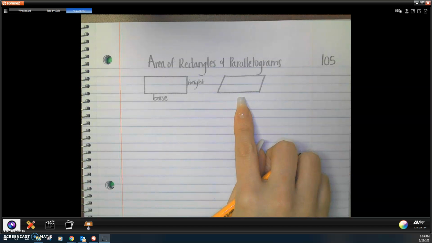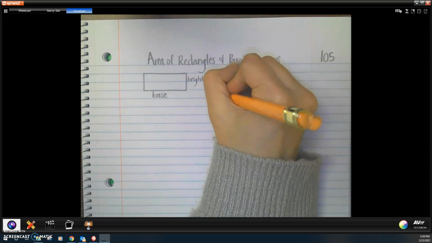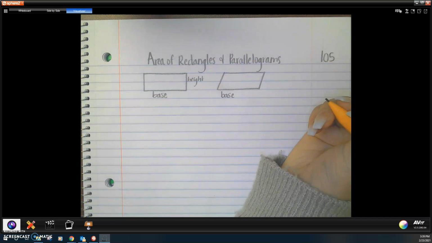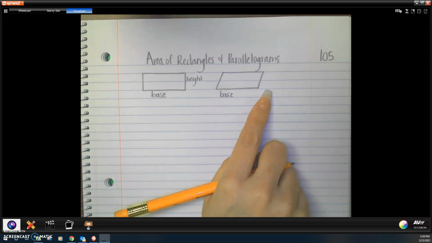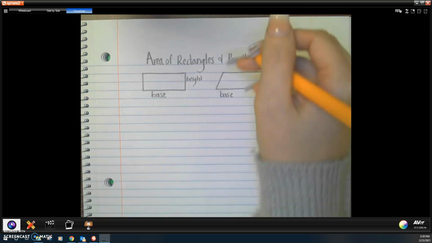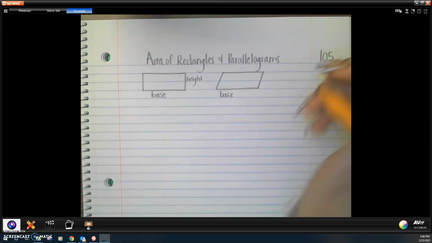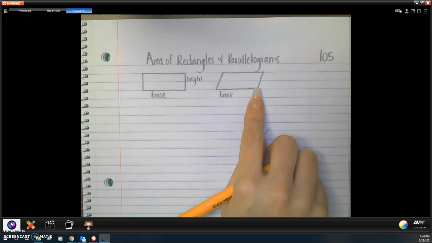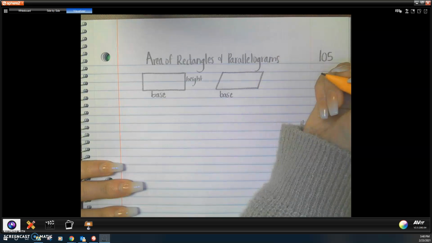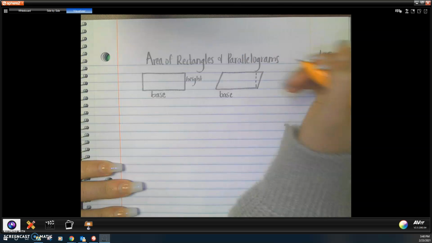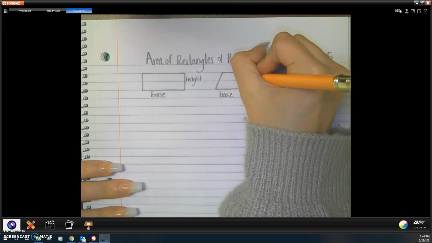Just like your height. They measure your height from the top to the bottom. Same thing with parallelogram. The base is your bottom. And now the height, if you notice the sides of these parallelograms, they're a bit slanted. When you go to the doctor, do they measure your height? Do you stand up a little bit slanted? No, you stand up straight. So whenever you're given a parallelogram, you'll most likely have these little dashed lines, which will represent the height.